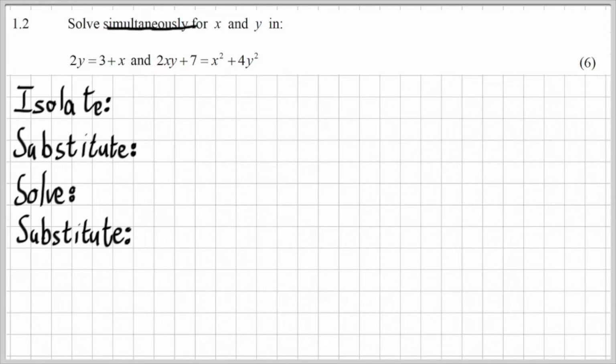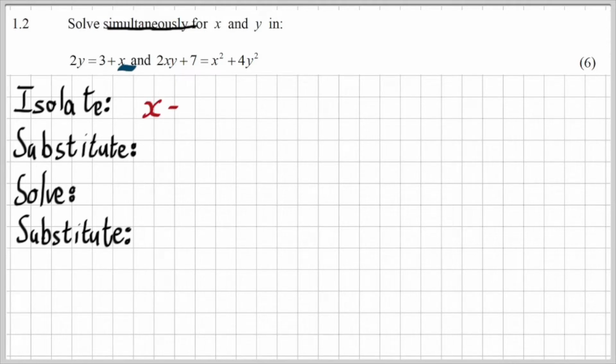There's also elimination, which we are going to look at, but I very seldom see that in question 1. I usually see that in other questions.